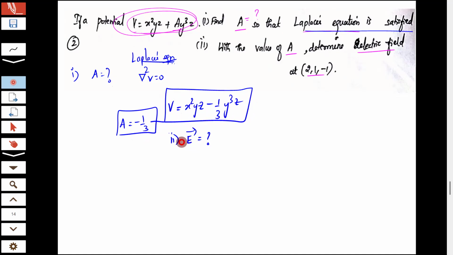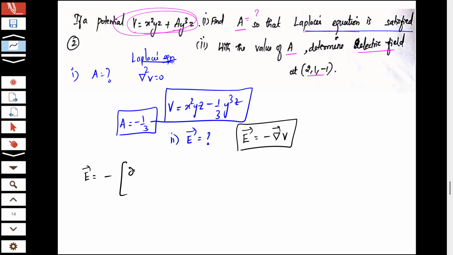Now we have to find the electric field intensity vector. So we need to know the formula relating electric field intensity and potential. That is, electric field intensity is negative gradient of potential. So we should write the formula for gradient in rectangular system, which is dou V by dou x ax cap, dou V by dou y ay cap, then dou V by dou z az cap.